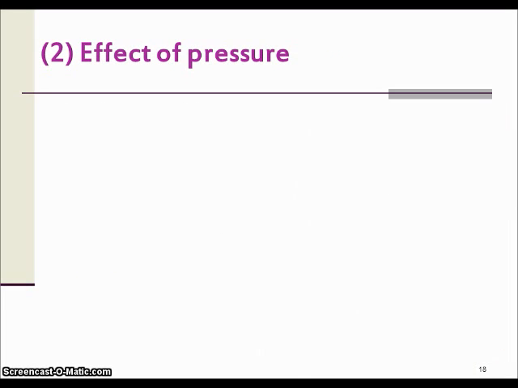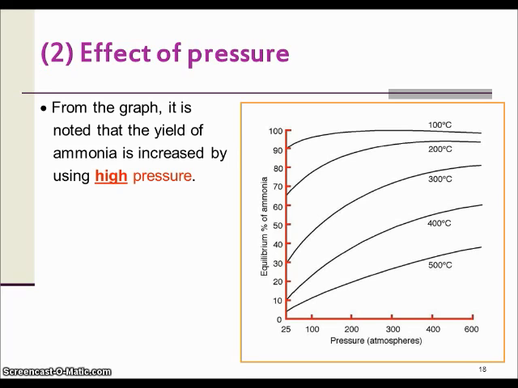Next, let's take a look at the effect of pressure on the reaction. Now, looking at the same graph, you can see again, when different pressure is used, the equilibrium percentage of your ammonia that is obtained differs.